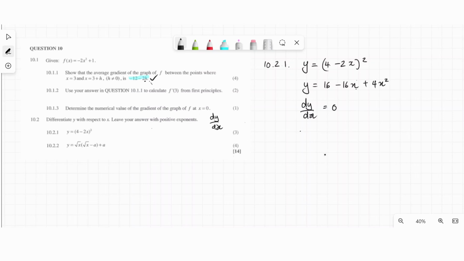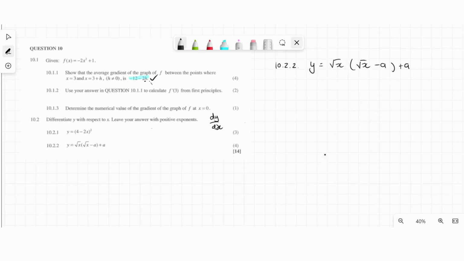The one with x to the power 1 is just going to be negative 16 multiplied by 1, so it's going to be minus 16. Then the x is going to cancel. Then for this one, we take the 2 in front, so it's plus 4 multiplied by 2, which is 8. Then 2 minus 1 is 1, so it's just x. So therefore dy divided by dx is going to be negative 16 plus 8x.